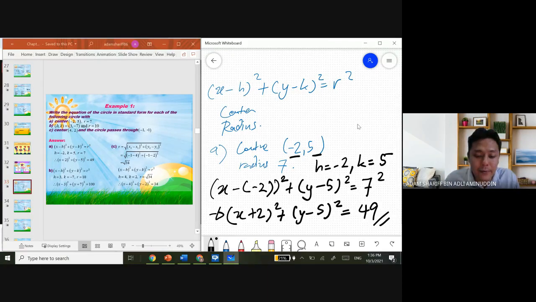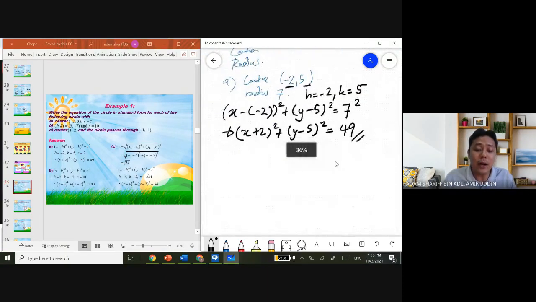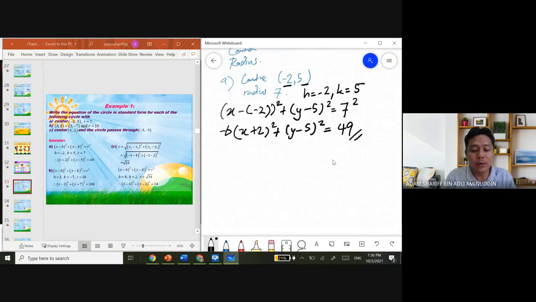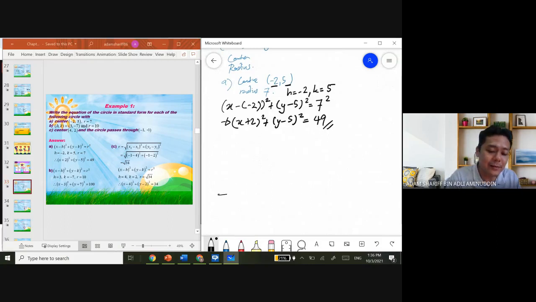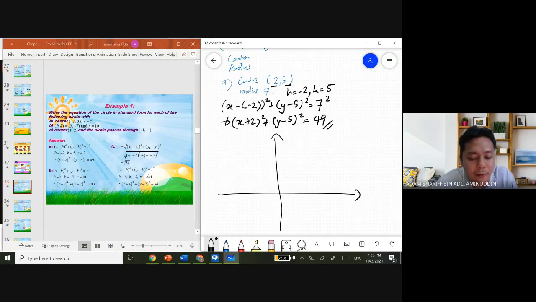Alright, when you already have this one, sometimes you are asked to draw the circle. Sometimes. So boleh tak kita lukis circle berikut? Okay, of course, before starting to draw it, you must identify where is the radius. 1, 2, 1, 2, 3, 4, 5.